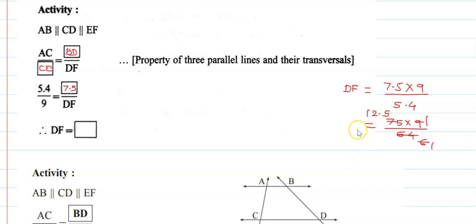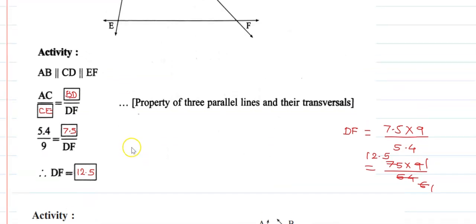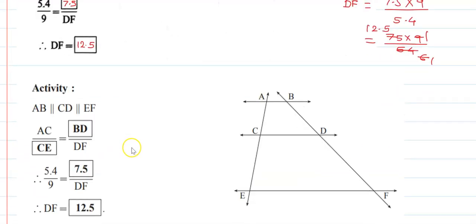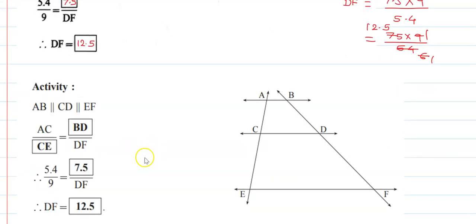That is, DF is equal to 12.5. This is the answer. You can see this side.